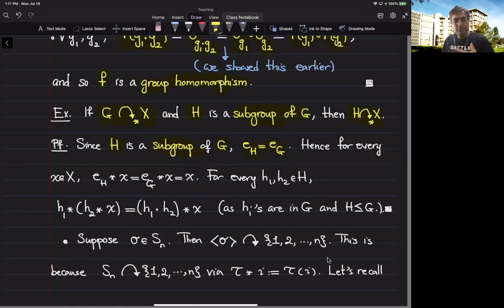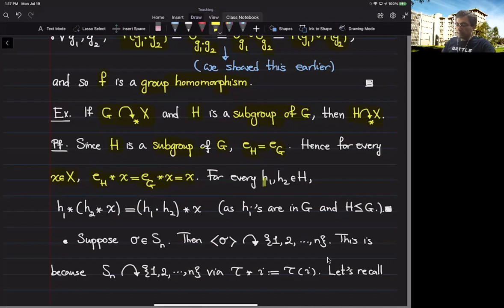Therefore, the first condition for a group action, we now have for free. For every x inside the set X, the way that the neutral element of H acts on it is the same as the way that the neutral element of G acts on it, because these are the same elements anyway. And because G acts on X, I know that this action is just the trivial function.